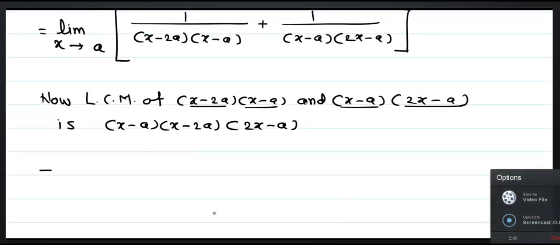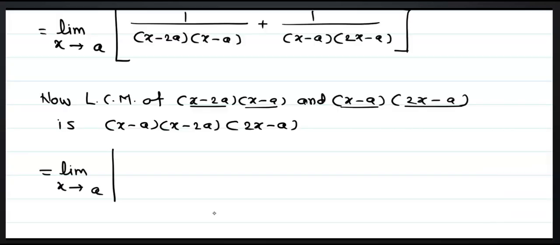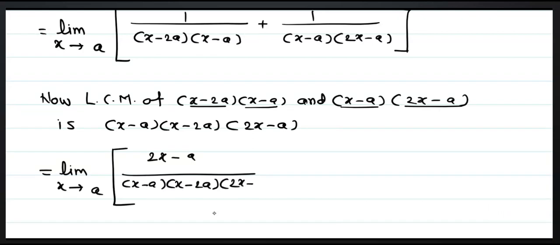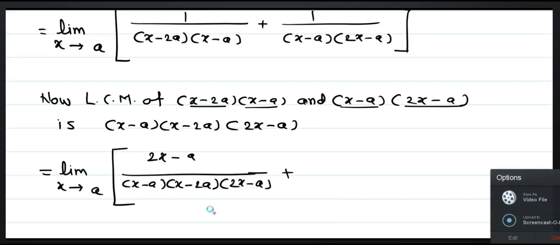This is the LCM. 2x minus a is not present in the first term. Therefore, we will multiply the numerator and the denominator by 2x minus a.